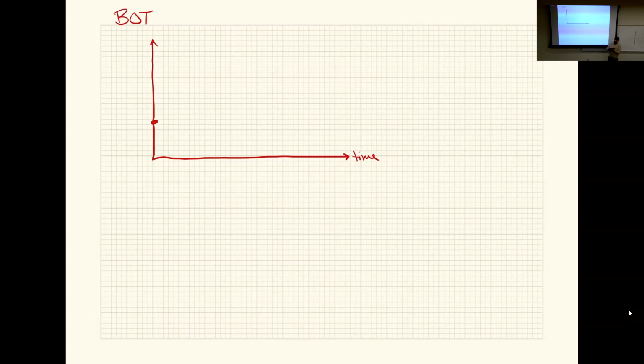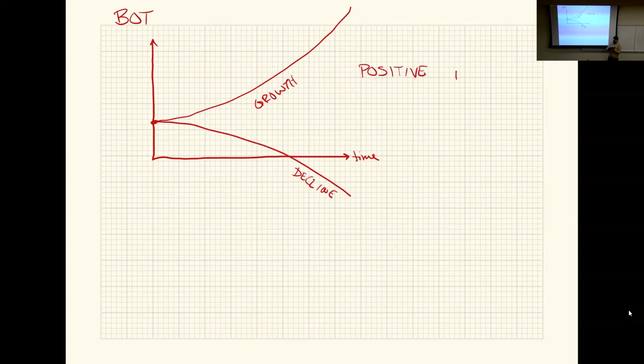Take any variable in the feedback loop and basically it never settles down. So this is like growth, but it also could go the other way. Could be decline, but it just gets faster and faster. So this is for our positive feedback loop.